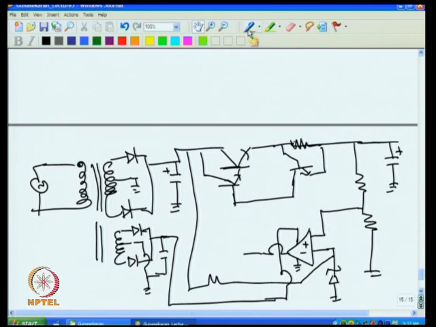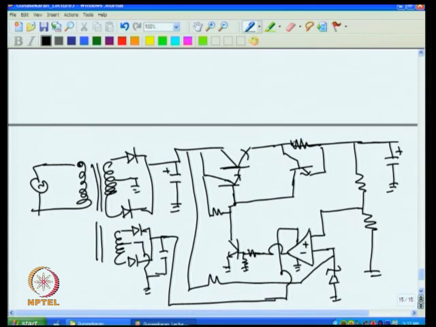Now we want high voltage, so what I can do is, I don't give this directly to the output. For example, I can have a transistor arrangement here, then connect this to the collector and put this transistor here, resistance here.